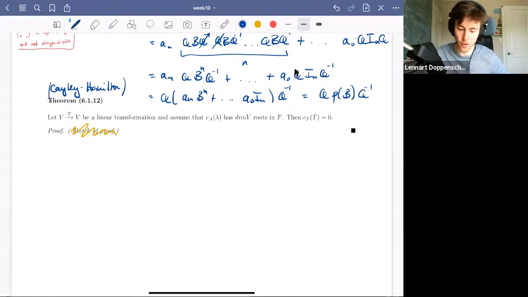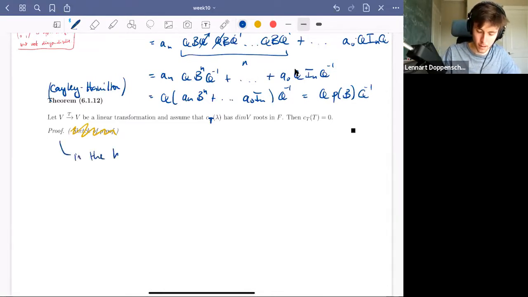This is true for any linear transformation that has as many roots as the space has dimensions. So if there's a polynomial with dim V roots, then this is true. And this is exactly the condition that it is triangulizable. And for the proof of this theorem, I will refer you to the book.